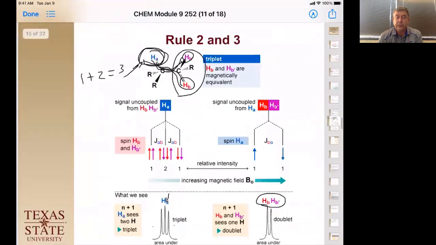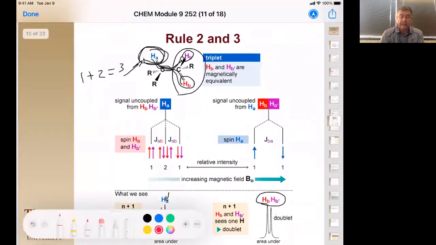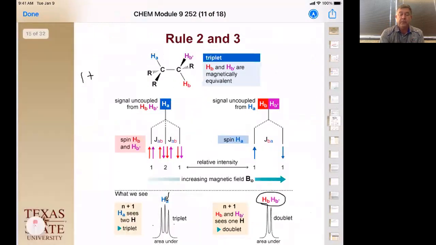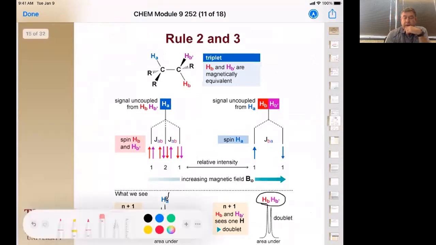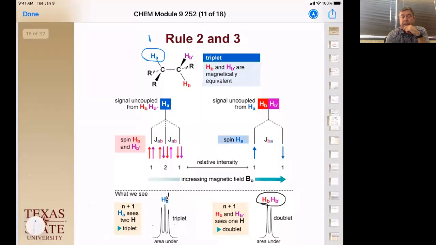So let's go to rule 2 and look at this addition here. By adding a single hydrogen to this, we're going to change our n+1s. If we look at this hydrogen here, that gives us 1 peak for that, but we have a total of 2 hydrogens next to it. So this is going to be 1 plus our n, which is 2, equals 3. That means this hydrogen is going to be split into 3 peaks, or a triplet.